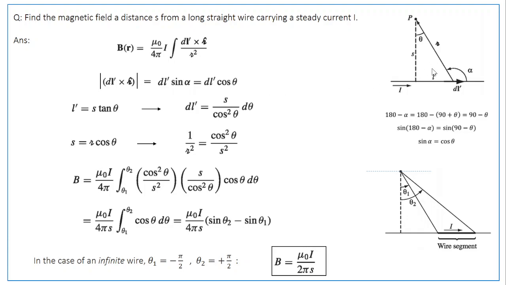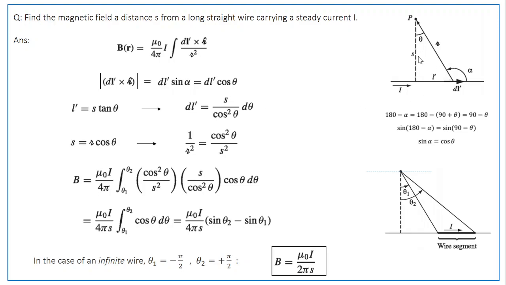Coming back to this triangle, I can write tan theta equals l prime divided by s, or l prime equals s tan theta. From that I can write dl prime as, s is a constant, differential of tan theta is 1 by cos square theta d theta. So dl prime is s divided by cos square theta d theta.